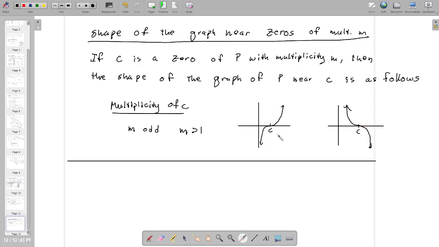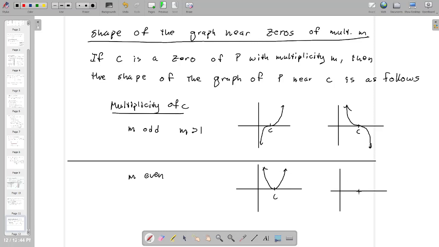Now, depending on what the graph looks like and where the other roots are, we could be going bottom to top and squiggling through, or top to bottom and squiggling through. We'll see an example in a second, but let me finish this part here. If we have that m is even at c, we might come down, touch the x-axis, and go back up.